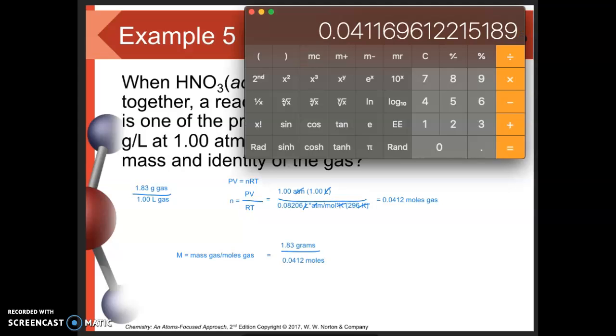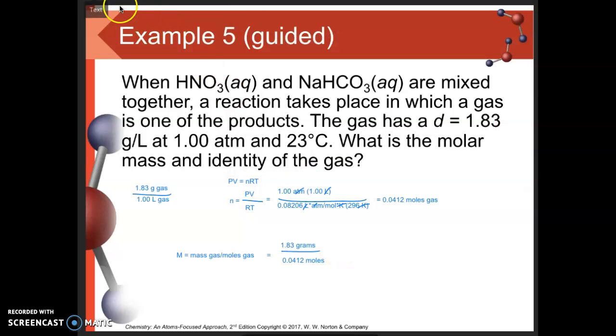And if I do that calculation, 1.83 divided by 0.0412, I get 44.4 grams per mole. Okay, now that gives us the molar mass.